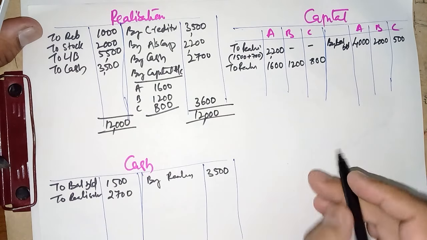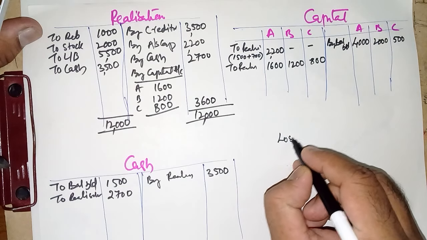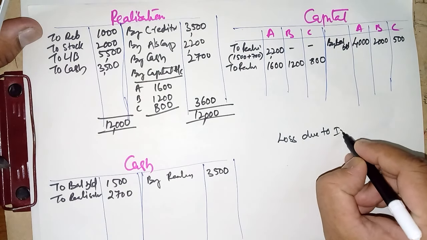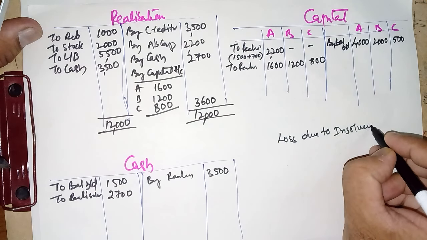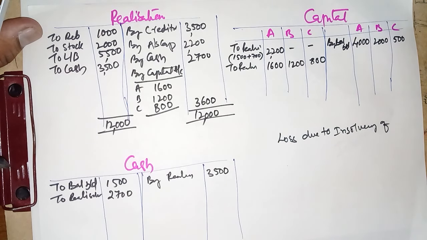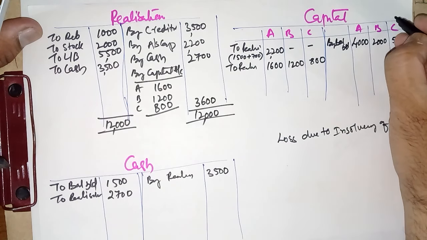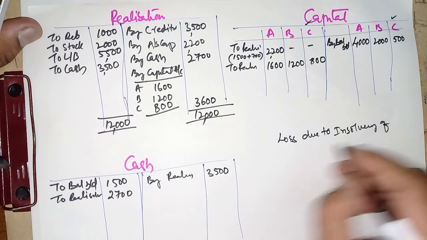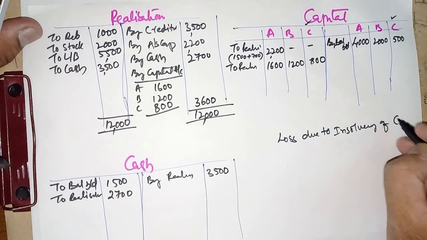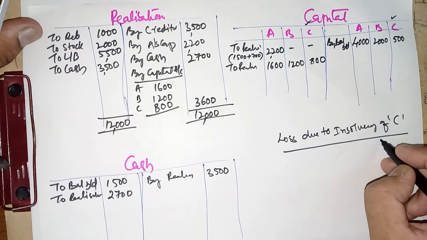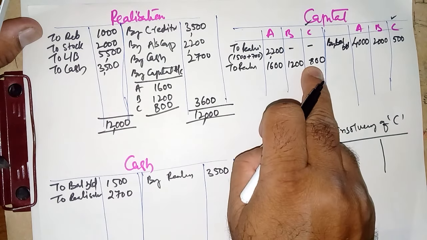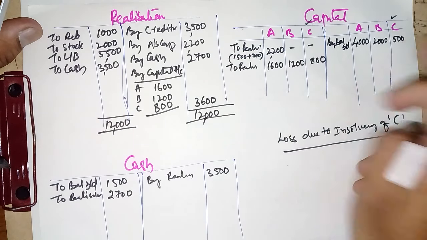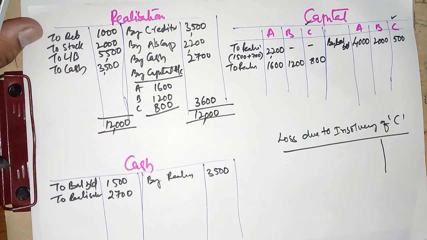Once this is done, we need to find out the loss due to insolvency of the partner. So we come to the working, loss due to insolvency of, who is insolvent in this question? C is insolvent. So the loss due to insolvency of C. The same procedure: check the debit balance is 800, credit balance is 500. So you must adjust the loss of 300.